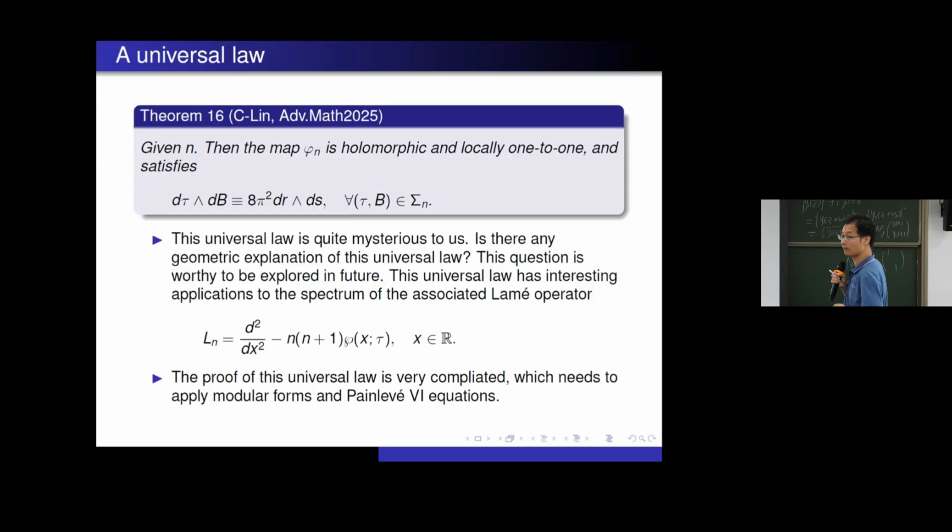So we call this a universal law. Is there any geometric explanation of this universal law? So far we don't find such a geometric explanation.